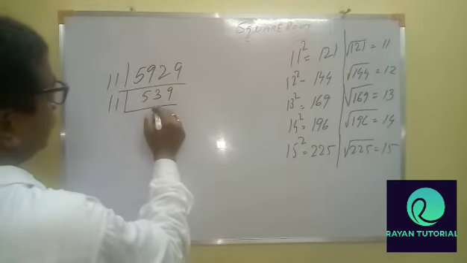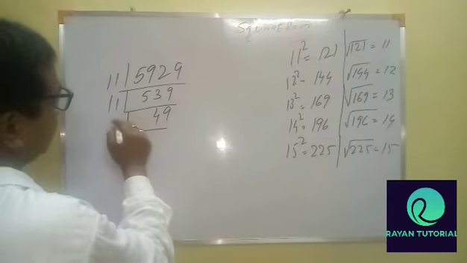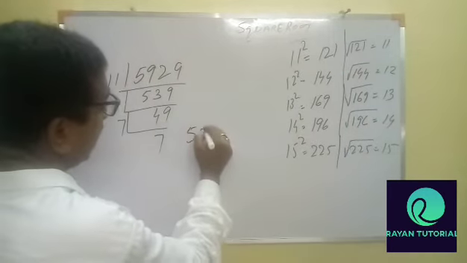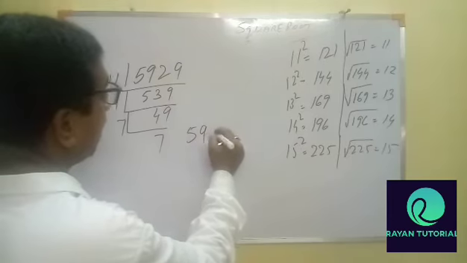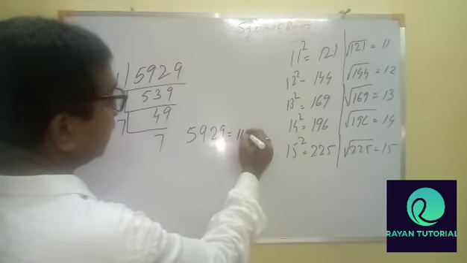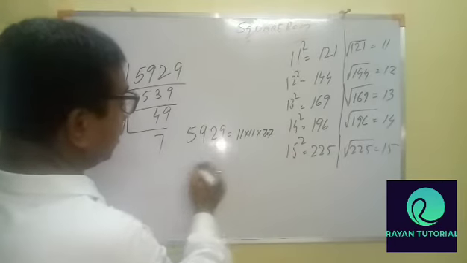Again 11 4s are 44, 9. Then 7 7s are 49. That means 5929 I can write as 11 into 11 into 7 into 7.